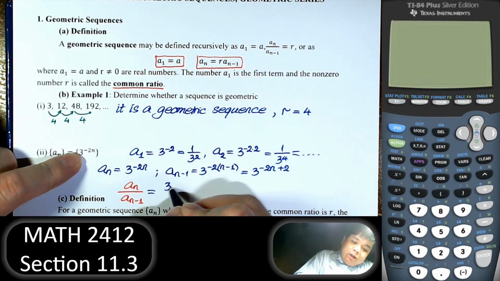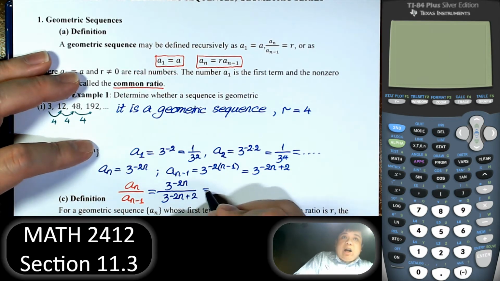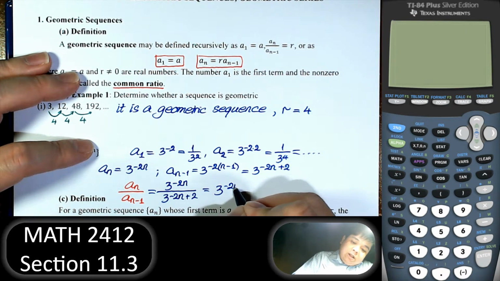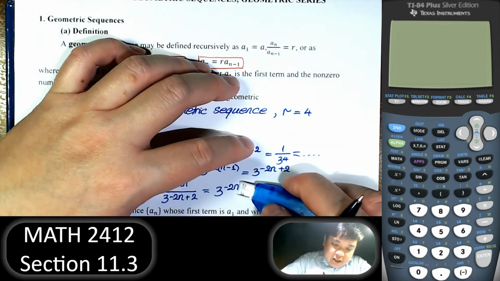We have 3 to the negative 2n over 3 to the negative 2n plus 2. When we divide two numbers with the same base, we subtract the exponents.